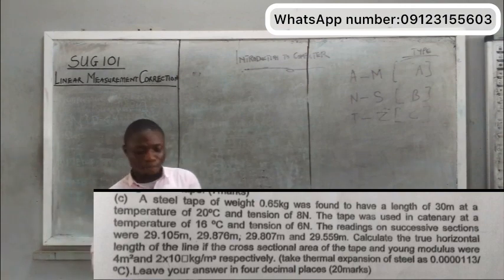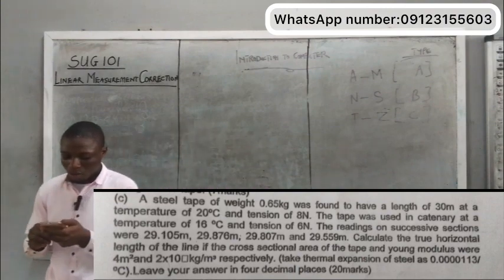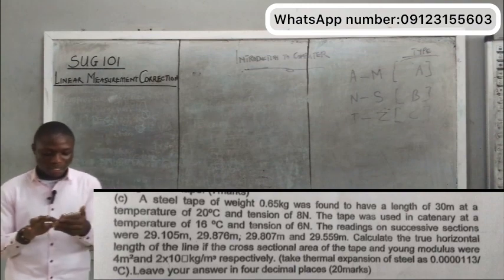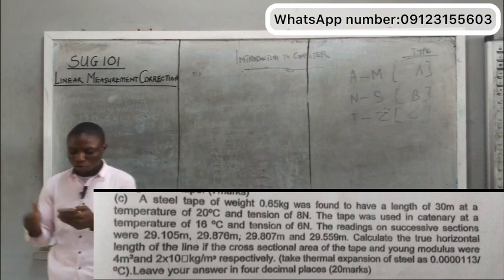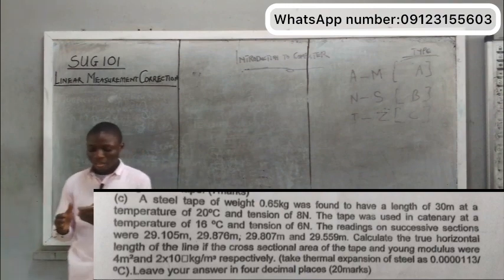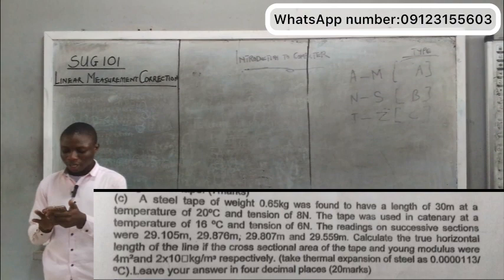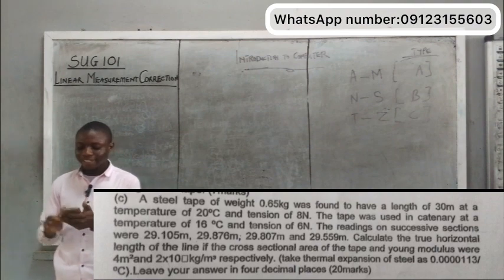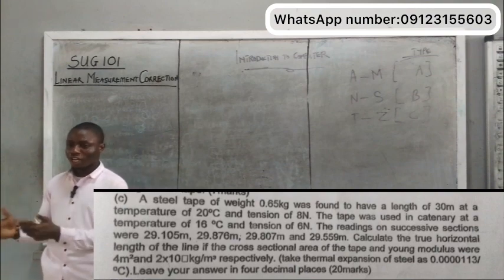A steel tape of weight 0.65 kilogram was found to have a length of 30 meters at a temperature of 20 degrees Celsius and tension of 8 Newton. Full stop.